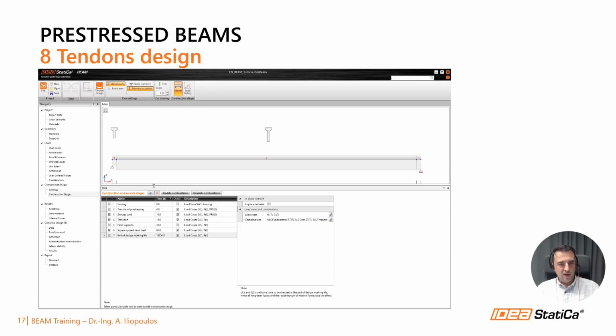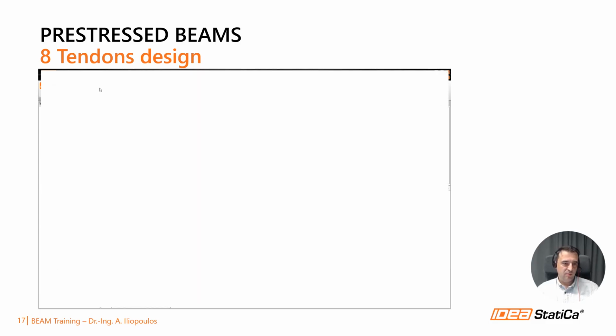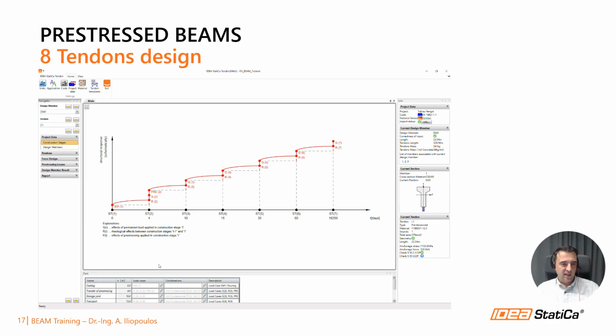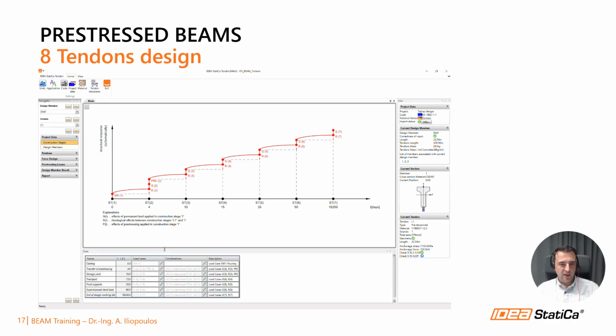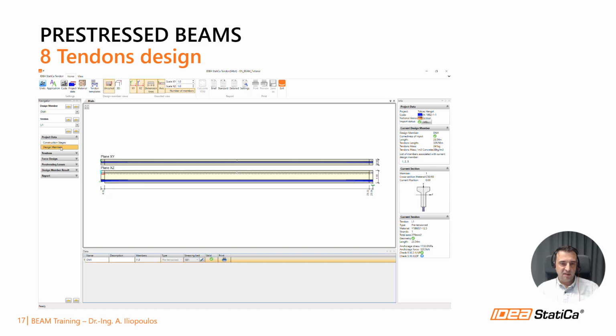Let's now summarize the tendon input in a short video. Here we click the tendon design and a new window opens. At first we see the construction stages as we had defined them previously, and upon clicking on design members we can define the parameters of our prestressing method.